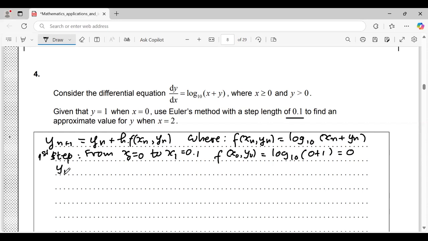So y1 is y0 plus h times f(x0, y0), it is 1 plus 0.1 times 0. It is 1, according to this information.